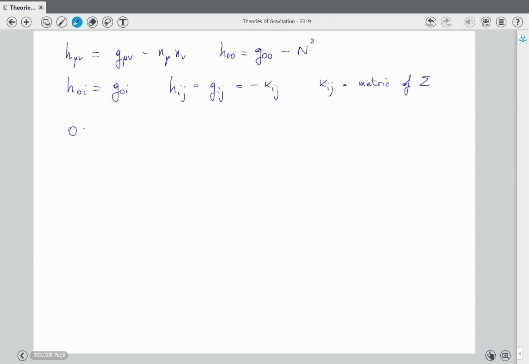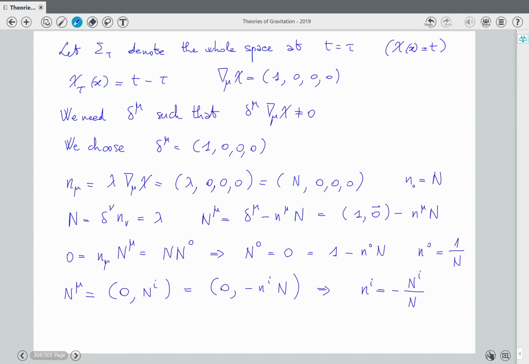Now we know that n with lower indices, space indices, vanishes.